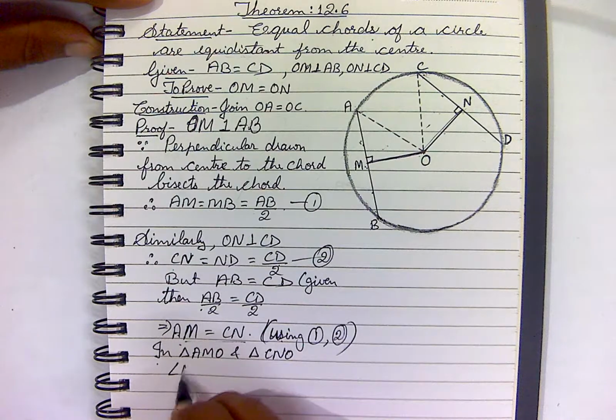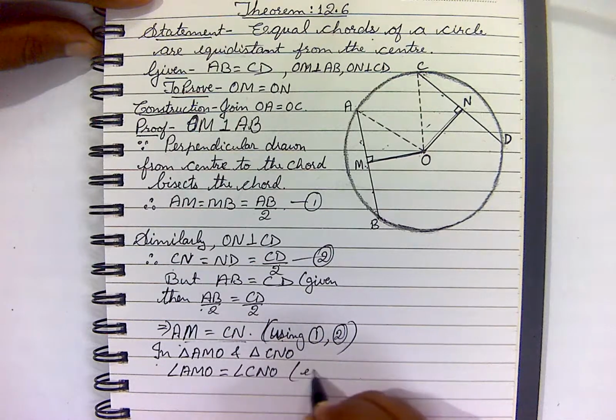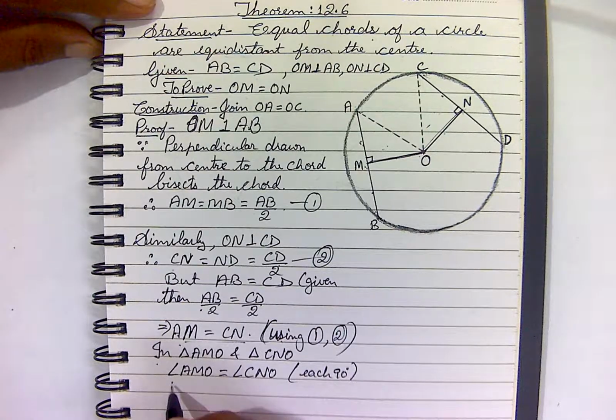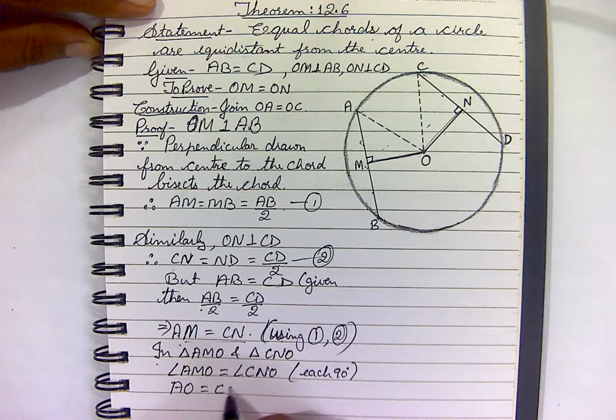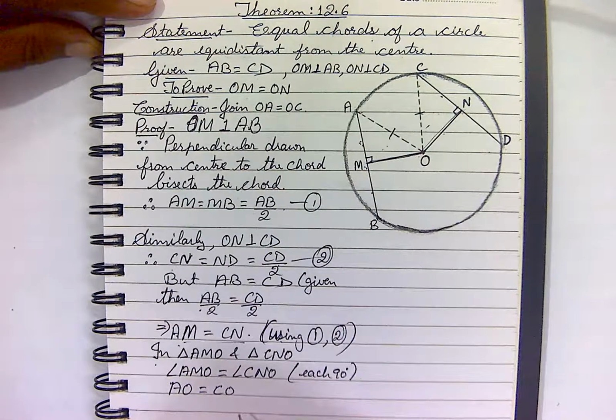Angle AMO is equal to angle CNO, each 90 degrees. Also, AO is equal to CO. These two are also equal.